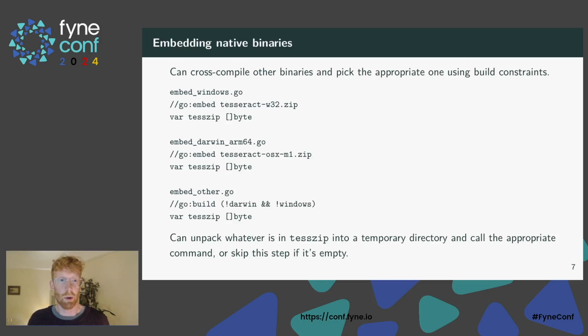So you can do this with Go embed, which essentially just stuffs a whole bunch of whatever you want into your finished binary. And then, each Tesseract binary plus any libraries it needs, you can stuff into a zip, embed that using build constraints to embed the right version for whatever you're building, or none if you're not building something which there is a pre-done version for.